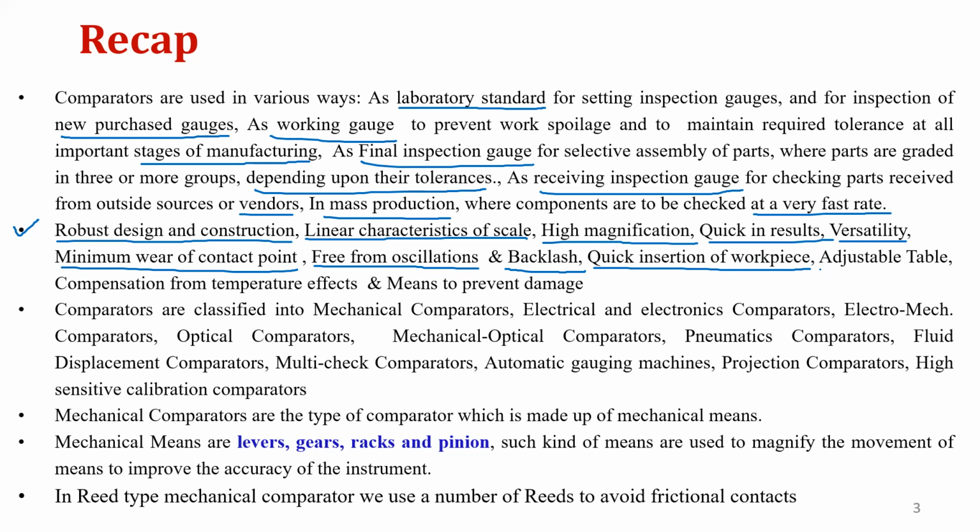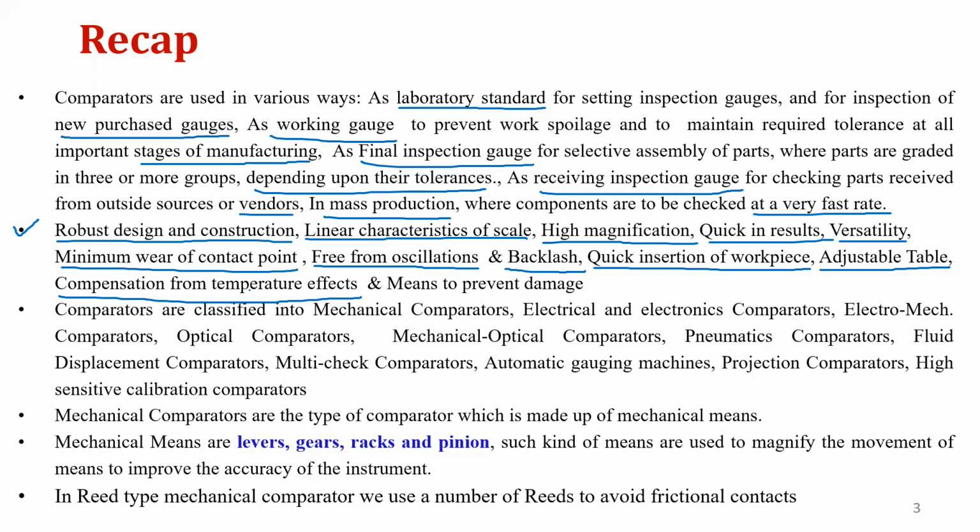Another characteristic is an adjustable table: the table should be adjustable in the vertical direction for accommodating different sizes and geometries of workpieces. Then there is compensation for temperature effects.